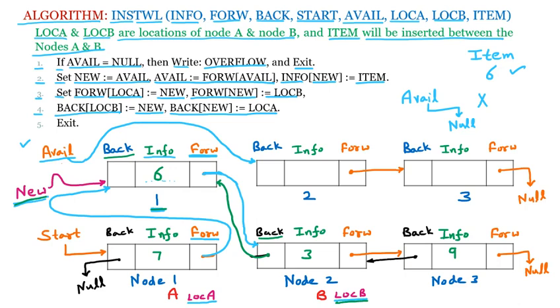Now the backward is pointing to loc A. So here this is the backward pointer, and this one is now coming back, and this is pointing to the node A. So here it is pointing here. Now you can see that we have successfully attached the node 1 of the avail list to the linked list. So this is the two-way list by which we can insert the node.